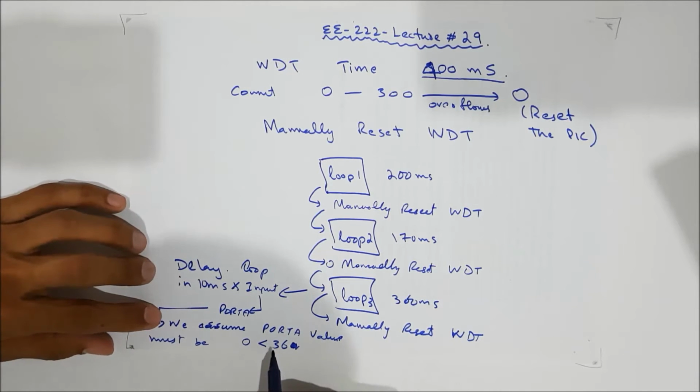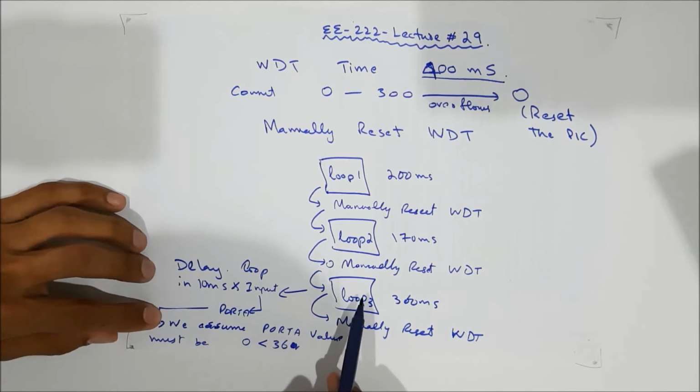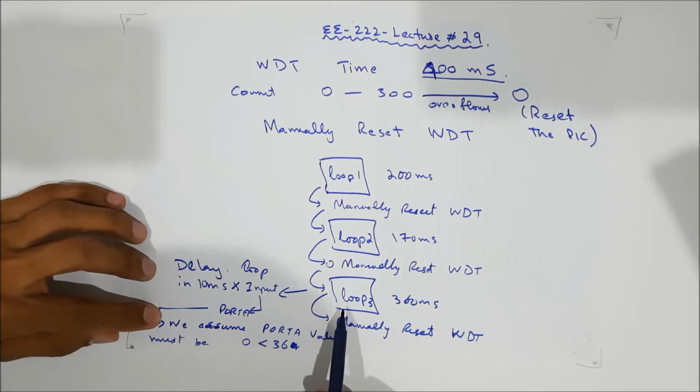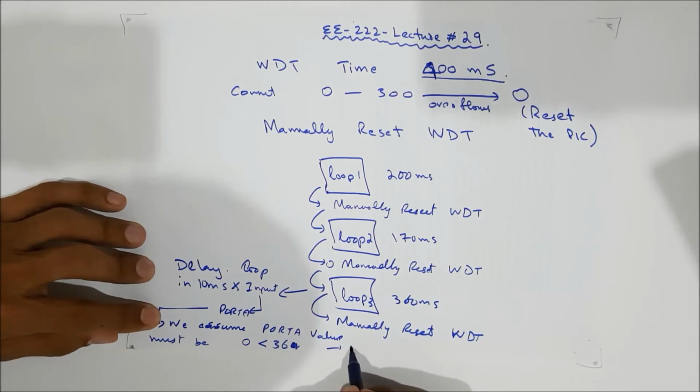So if port A's value is 36, it will be 10 into 36, 360 milliseconds. But what if due to some error or due to some noise, this value becomes 44?